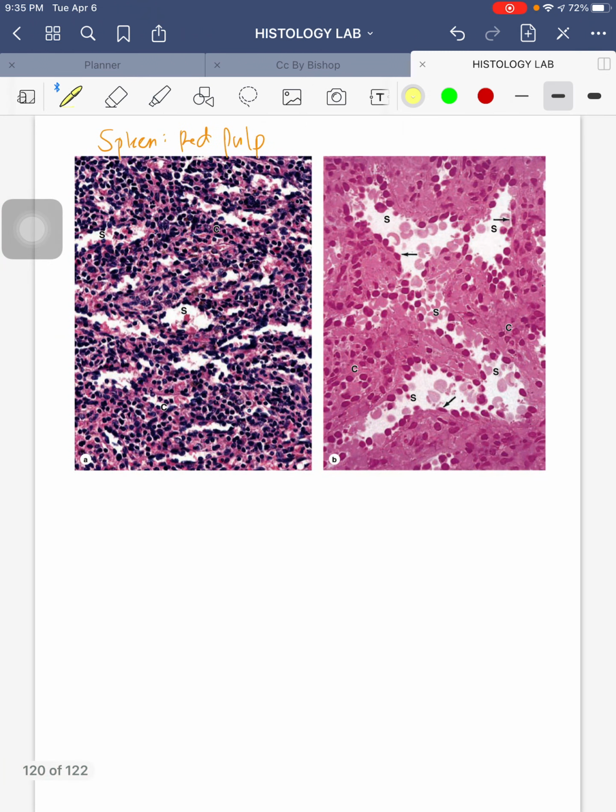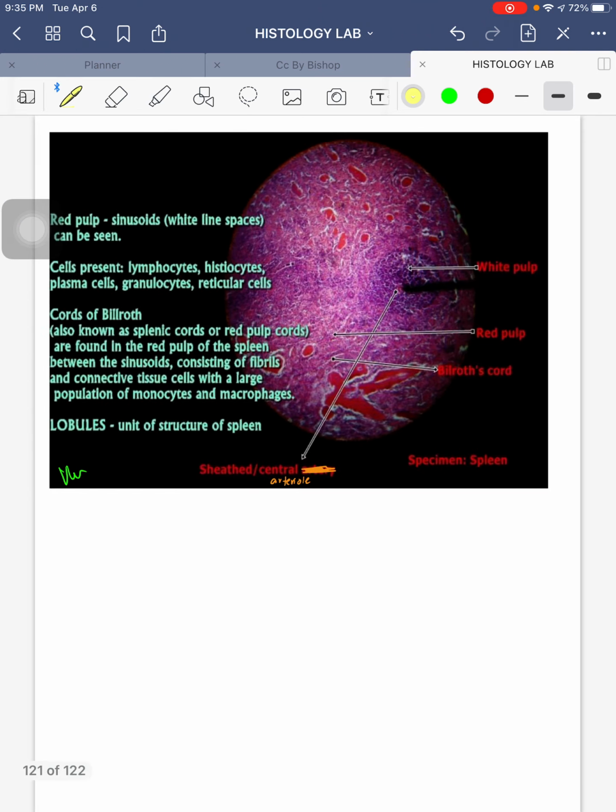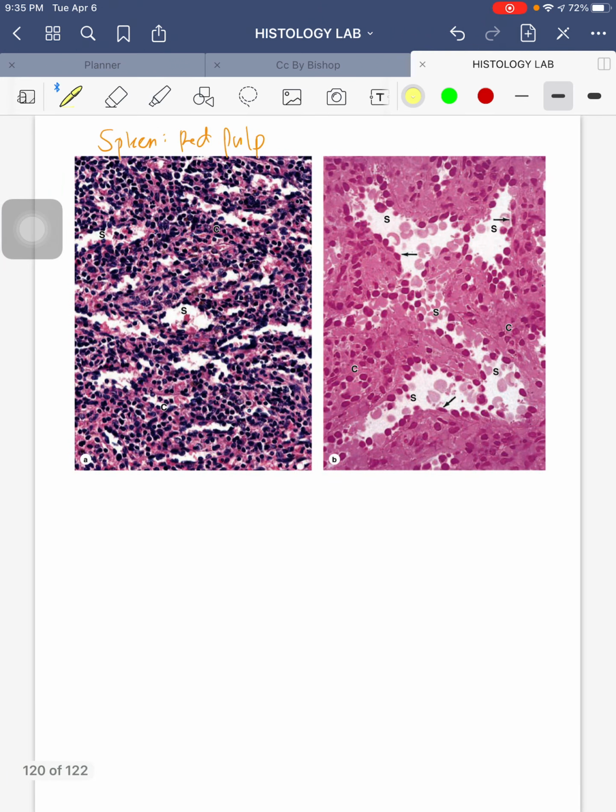The last part: what are splenic cords of Billroth? These are a network of reticular cells and fibers with T and B lymphocytes, macrophages, leukocytes, and RBCs. Within these cords, there's a party of many other cells: the lymphocytes, the L with a cross in it means lymphocytes, B lymphocytes, macrophages.